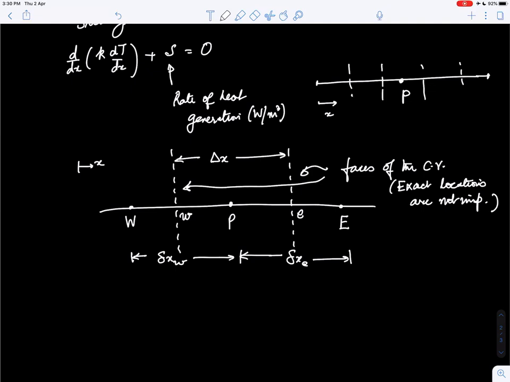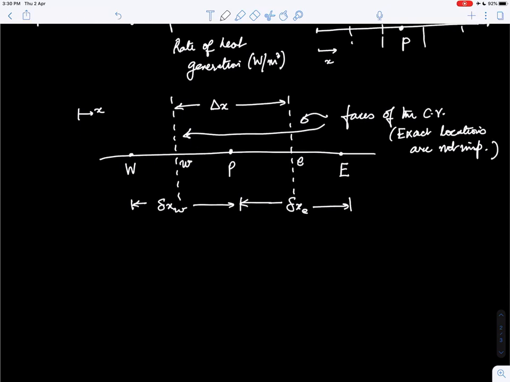Now what we'll do is assume a unit thickness in the y and z directions, and integrate the original governing equation over each of the control volumes. So for now, let's just integrate it over this control volume. Let's integrate d by dx of k dT/dx into the elemental volume, which will be dx into 1, between the west and east faces.